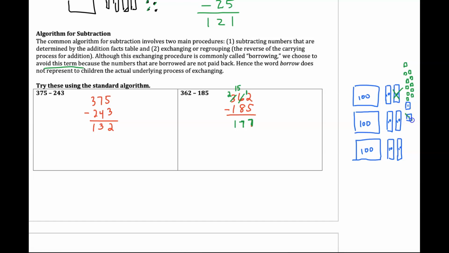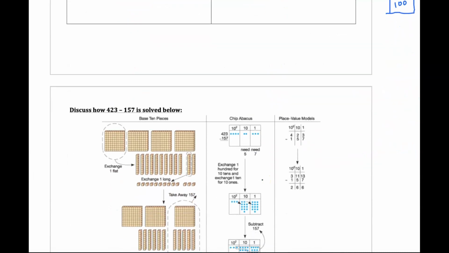Now you can take away your 5. 1, 2, 3, 4, 5. And you should have, I think I have too many, should be 7. There's 7 ones left. Okay, and that's what's going on with the subtraction algorithm.